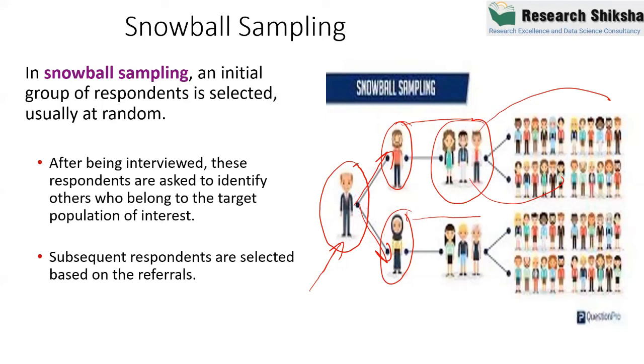In that study, because you cannot find collectors on any social platform or any other platforms, first of all you try to find one collector, then you take references of other collectors, because all the collectors know each other. With the help of snowball sampling, we collected the data of 300 collectors. So whenever you do not have any sampling frame, you can use this snowball sampling method, which is very, very helpful in some cases.